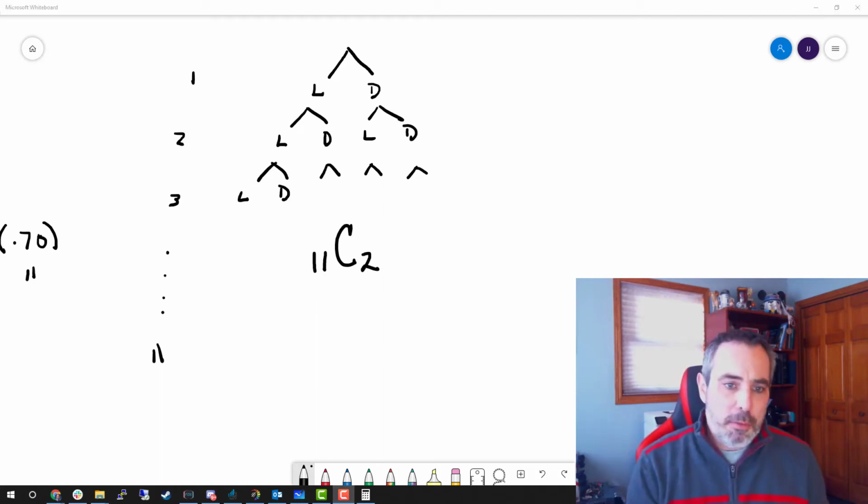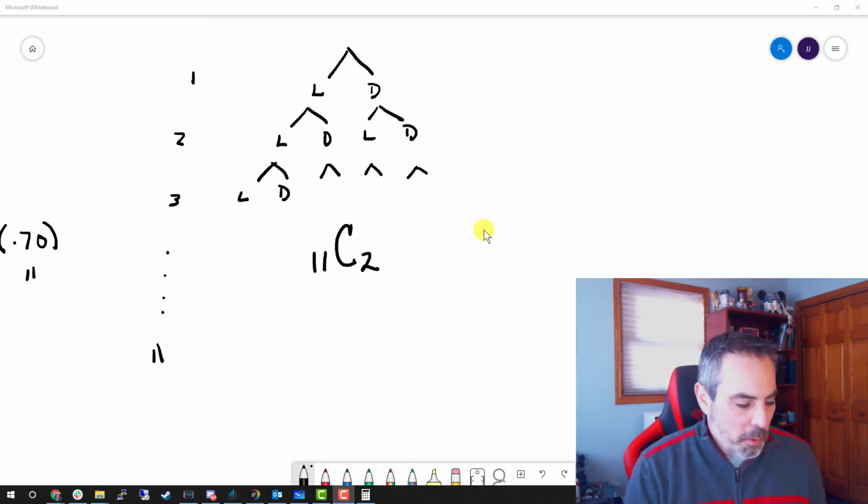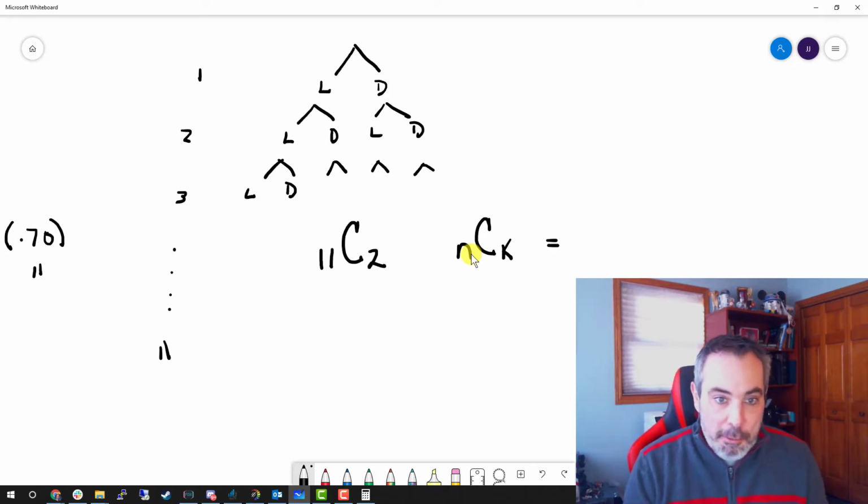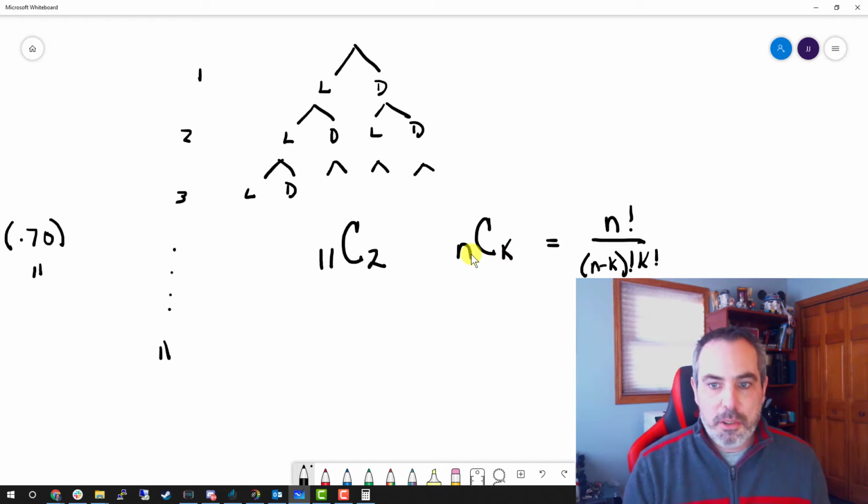Now, if you recall from the last chapter, the formula for that comes in the format nCk, where I am going to take n factorial divided by n minus k factorial, k factorial, right? In this case, I have 11 factorial divided by 11 minus 2, which is 9 factorial, and then 2 factorial.